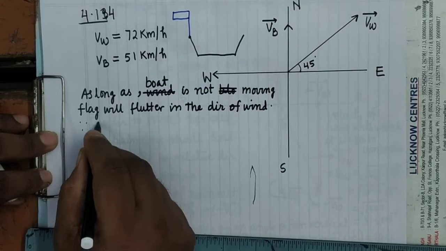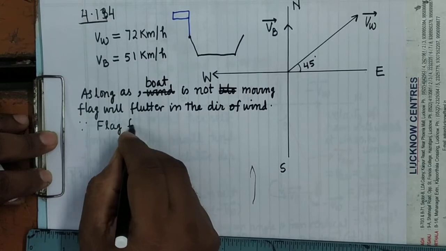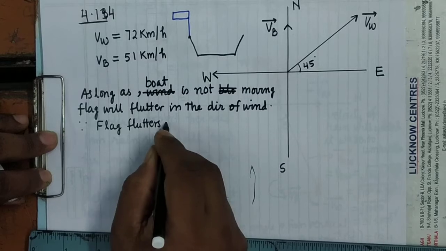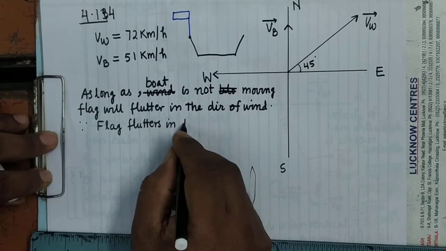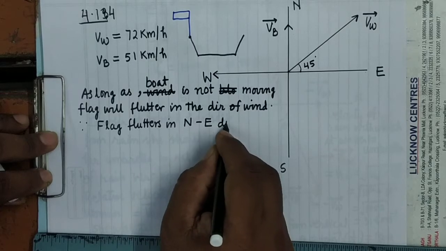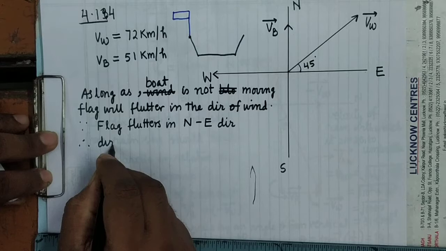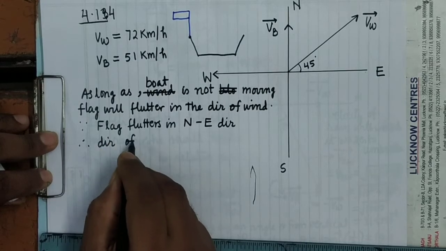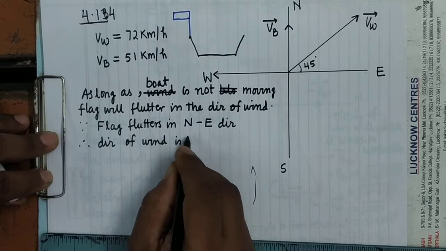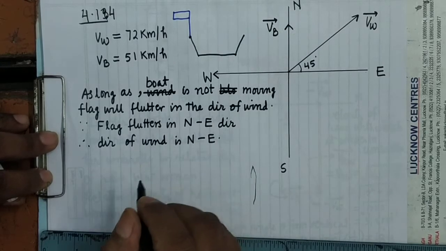Since flag flutters in northeast direction, therefore direction of wind is northeast. It's clear.